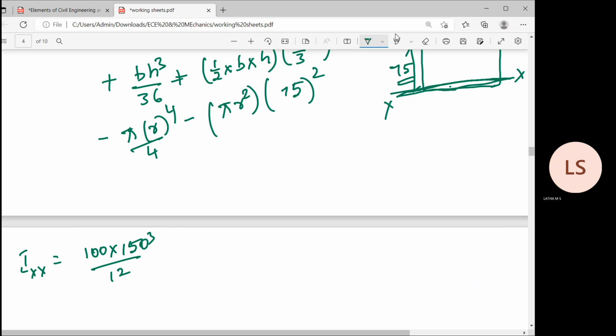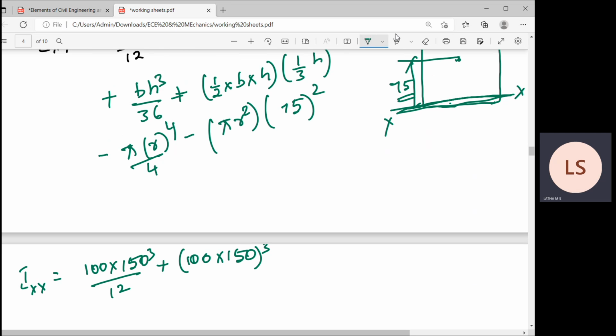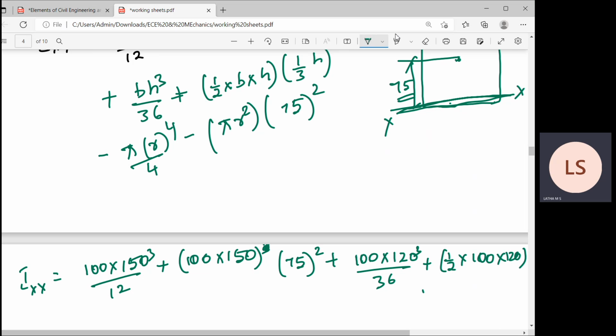12 plus 100 into the area of the rectangle, area into 75 square, plus the triangle. b is again 100, h is 120, bh cube by 36, plus area half into 100 into 120, into what is the perpendicular distance?